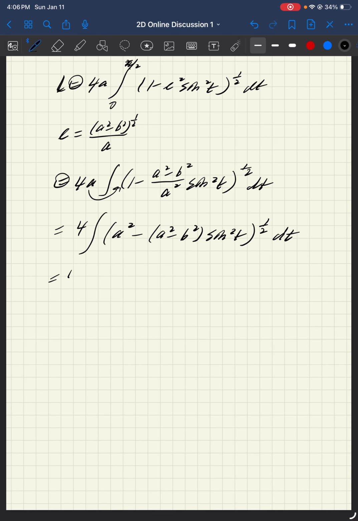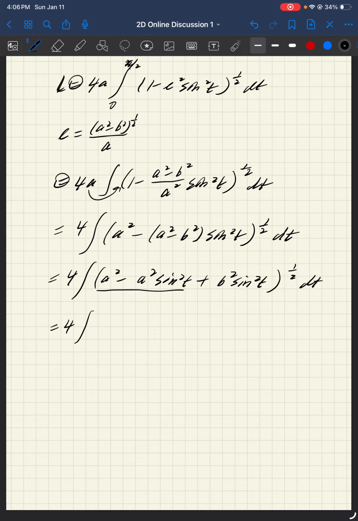So now let's open the parentheses. This is going to be a squared minus a squared sine squared t plus b squared sine squared t, to the 1/2, dt.